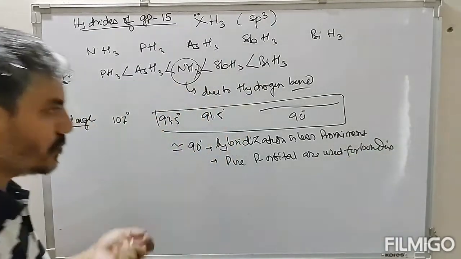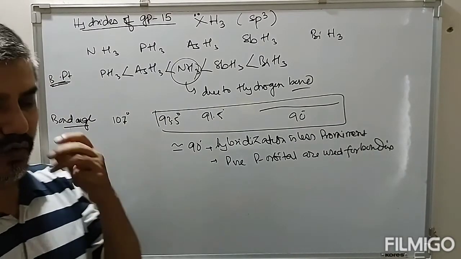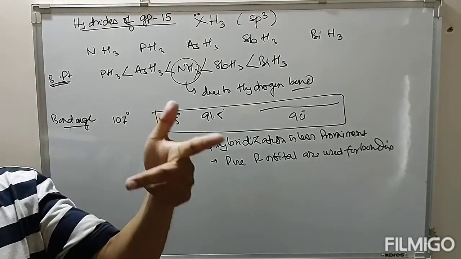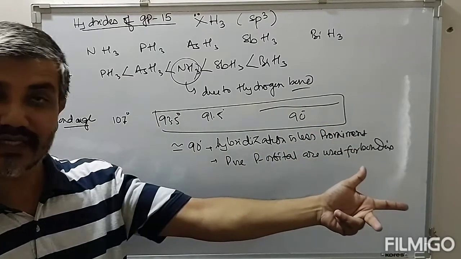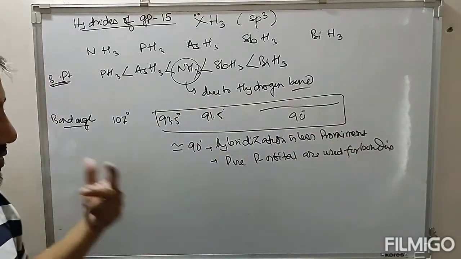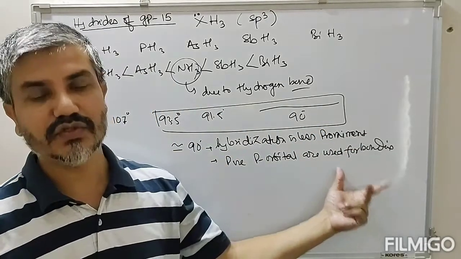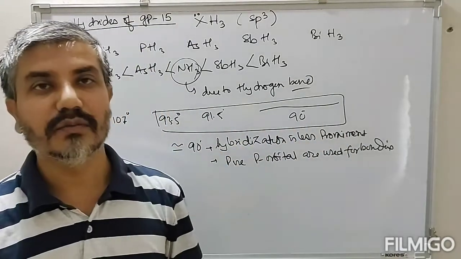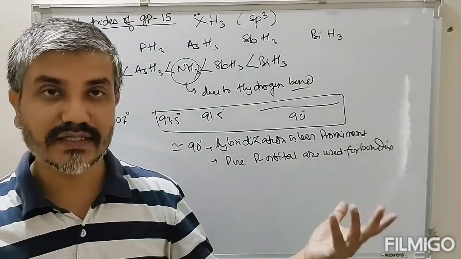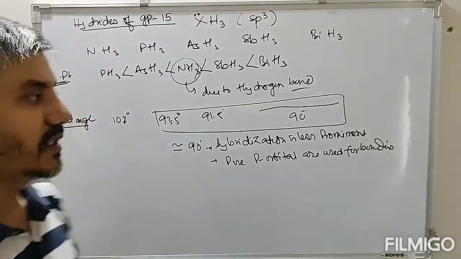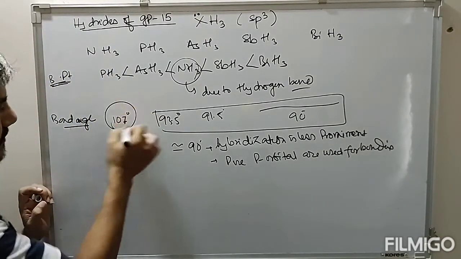Since pure p orbitals are used for bonding and the three p orbitals are perpendicular to each other, the bond angle is approximately 90 degrees. Since pure p orbitals are used, the bond becomes weaker, the bond length increases and the bond stability decreases.